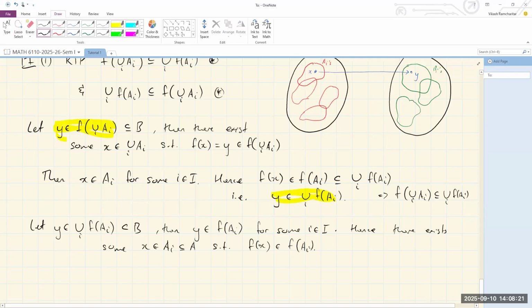So this is just the definition again of the image. If y is in the image of Ai, then that means there's some x in Ai such that when you apply f to it, you land up in f of Ai. Okay?